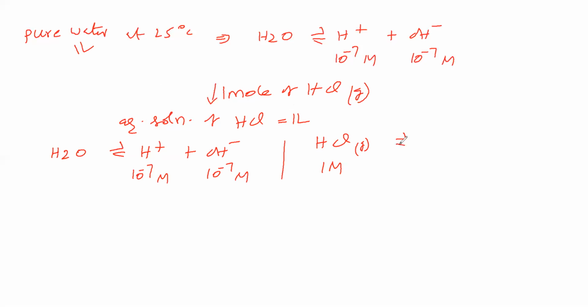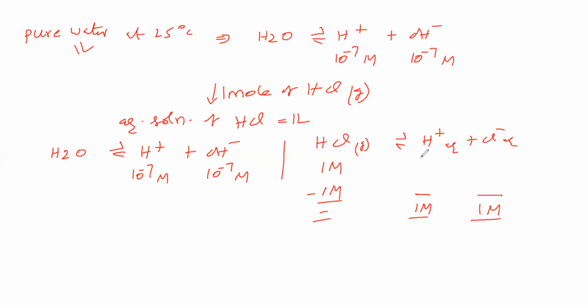This HCl dissociates to give H plus ions and Cl minus ions. How much HCl will dissociate in water? Completely. Therefore, it is a strong acid. Therefore, how much H plus is produced from HCl? 1 molar. HCl dissociates completely, therefore it is giving 1 molar H plus and 1 molar Cl minus.